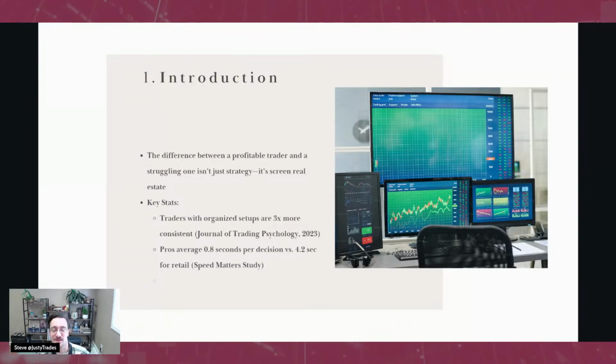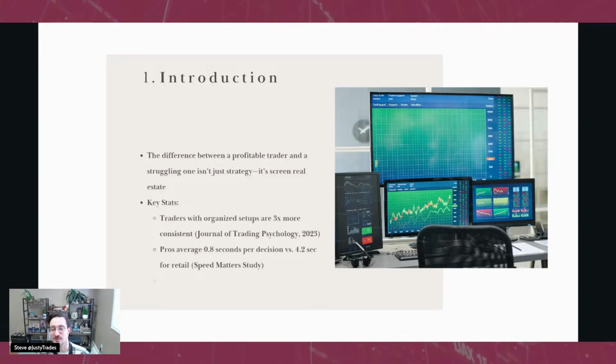Essentially, it's so easy to second guess yourself because you have too much information on the screen and it's giving you conflicting signals, or maybe you don't have what you need in front of you and you have to go digging through different tabs or different windows or remembering what you searched, all that kind of stuff. If you just have it ready to go and know where it is, it's just a couple seconds to get the information you need and to enter that trade.